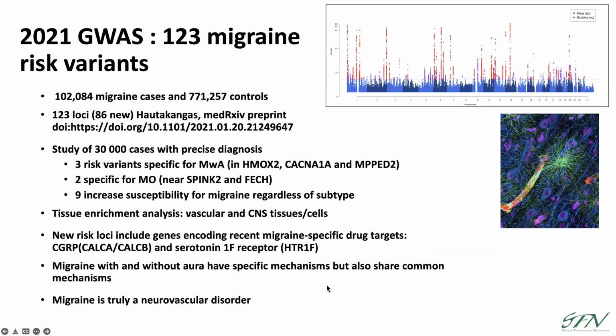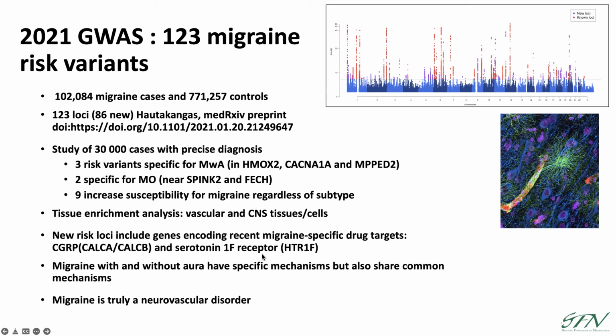In the more common varieties of migraine, migraine without aura and migraine with aura, more than 100 migraine risk variants have now been identified by very large genetic studies. The most recent study has been published in 2022.